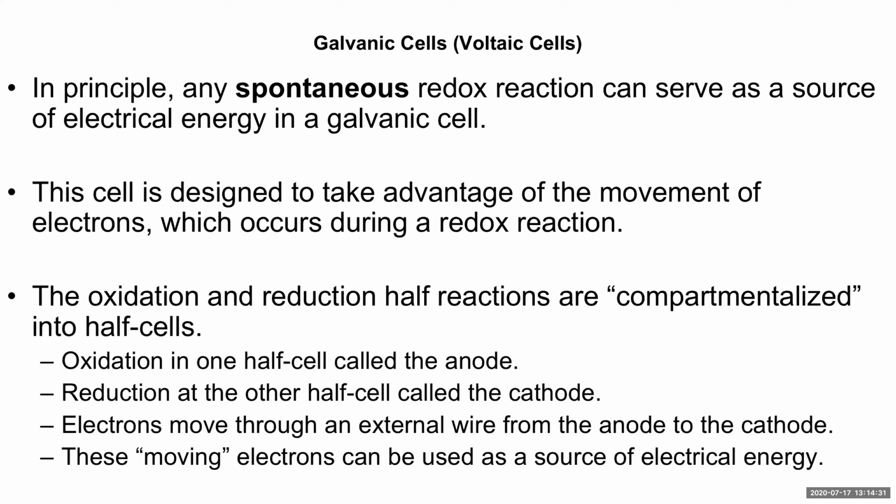In one compartment, we have the oxidation reaction, and that compartment is called the anode. And in the other compartment, we have the reduction reaction. That's called the cathode. Now, if we put a wire between these two, the electrons will flow from the anode, where oxidation is taking place, to the cathode, where reduction is taking place. And these moving electrons are a source of electrical energy.